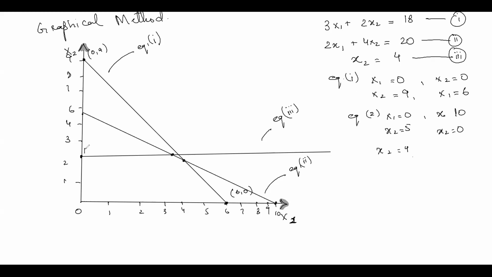So there is point A, B, this is C, and this one is D. All of them suggest a solution. What this means is that all of this area is feasible area. This is possible. It gives you some profit, and it's within the constraint. But only one of them is giving us the maximum profit.